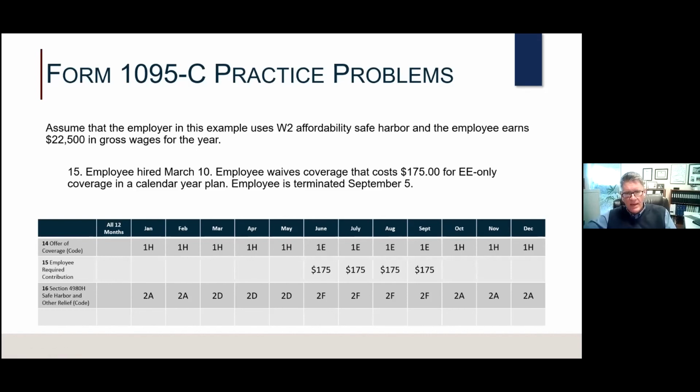And if you had done the math, you would know that 175 for this situation is affordable for this employee. So now we have our 2F, which is the Affordability Safe Harbor code if you're using W-2 Affordability Safe Harbor. And then again, we have the 1H, 2A, no offer, not employed for the last 3 months.